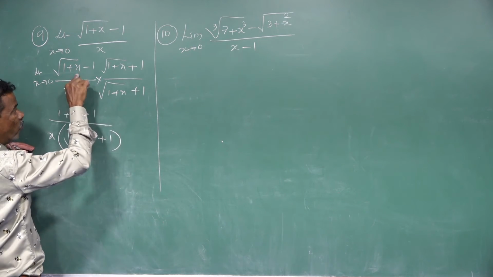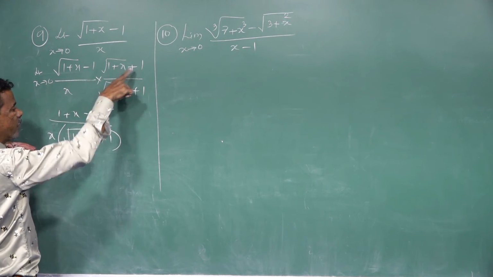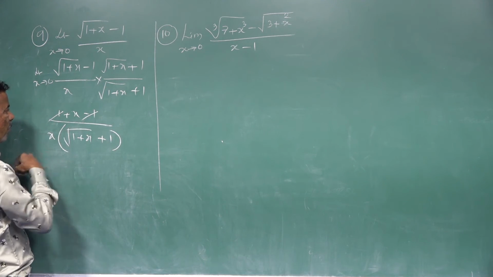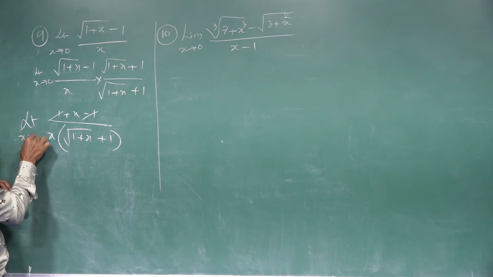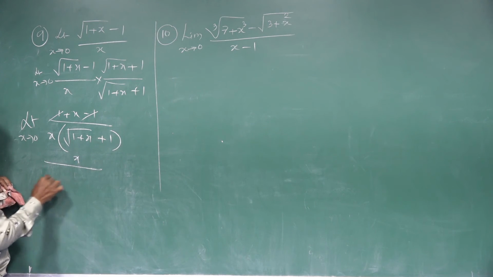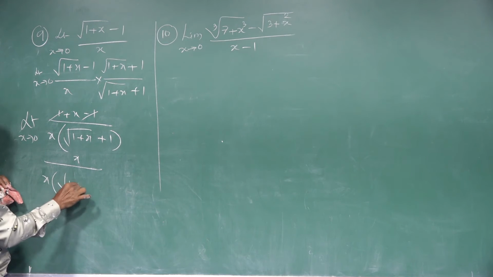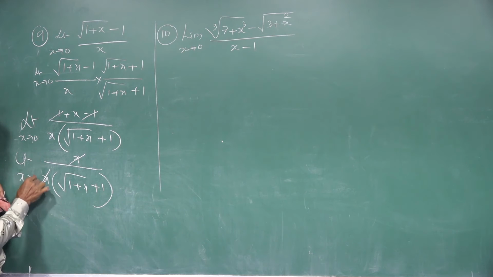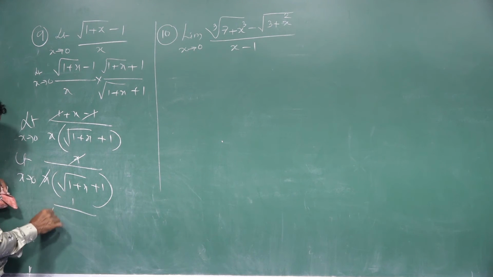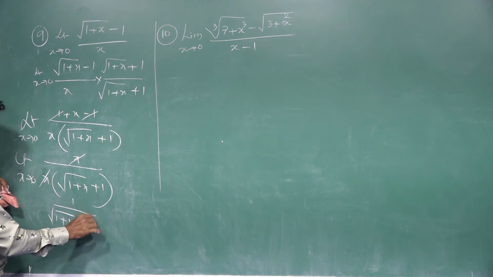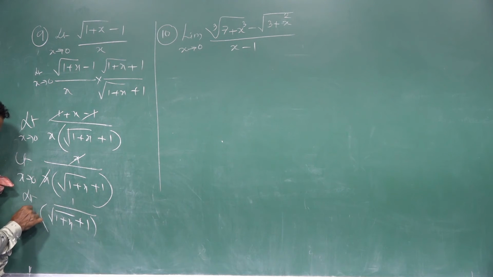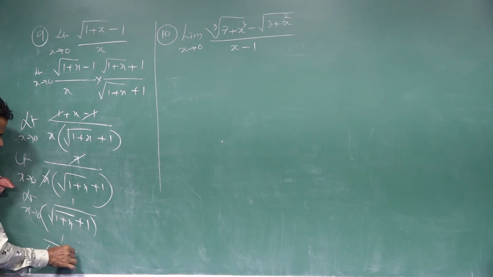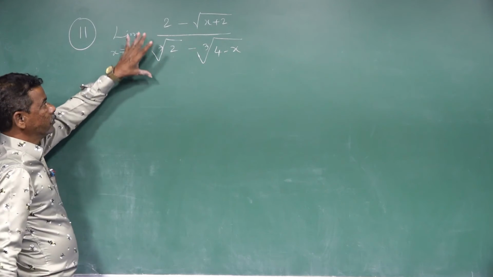Only this is changed. A minus b into a plus b, a square minus b square. After that 1 cancels, limit x tends to 0. Remaining x by x root of 1 plus x plus 1. x gets cancelled, limit x tends to 0. Remaining 1 by root of 1 plus x plus 1, limit x tends to 0. You apply 0 here. Root of 1 by 1 plus 1, it is equal to 1 by 2.